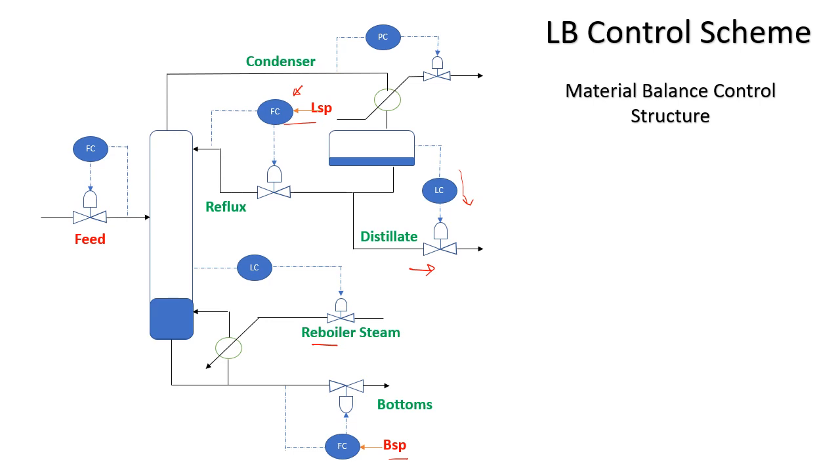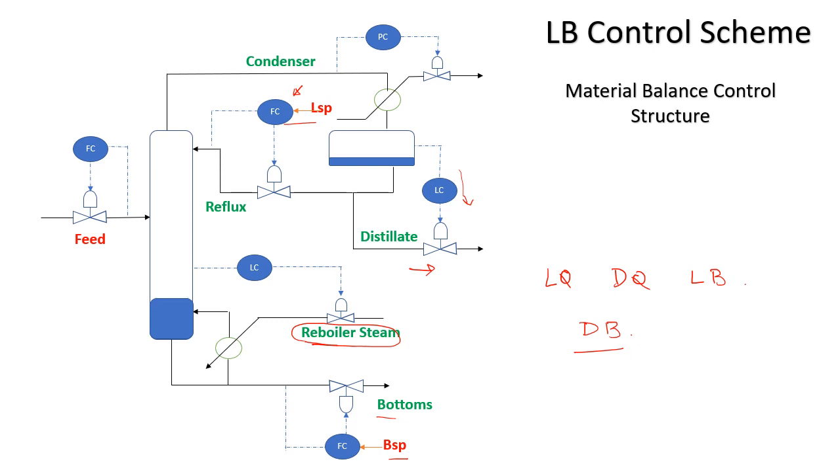That's why instead of using the bottom to control the level, reboiler steam is getting used. Okay, hope this is clear. Now we have seen LQ, DQ, and LB, right? Now it can come to your mind that we can have DB control also, right?